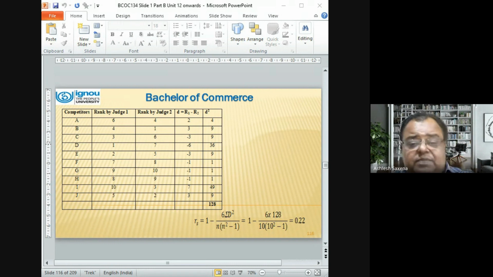On solving, we get 0.22. Here, the coefficient is positive, so we can say that the ranks the judges have provided have a positive correlation between them. So that means that is in the case of the observations.